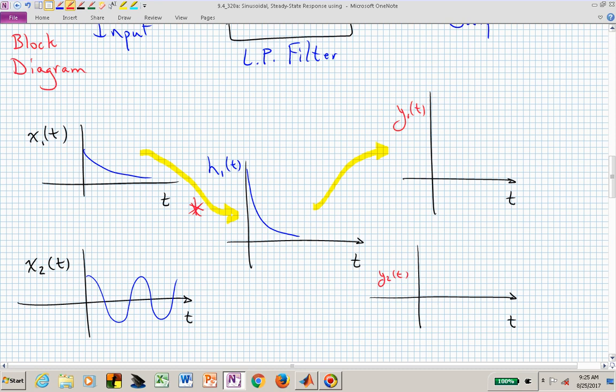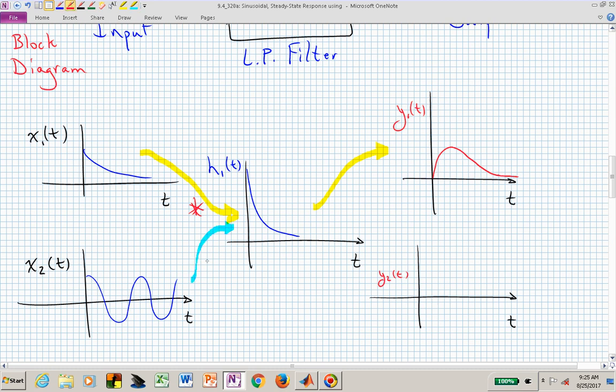In this case, our low-pass filter doesn't quite look like an ideal impulse function, and for that reason, y sub 1 of t is not going to look quite like x sub 1, but it may start to look like x1 after a little bit of a transient. So we might expect something like y sub 1 of t that I've shown here. What's going to happen when we apply a sinusoidal signal to the same low-pass filter?